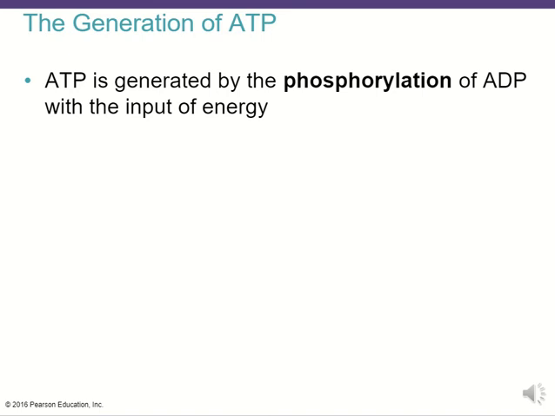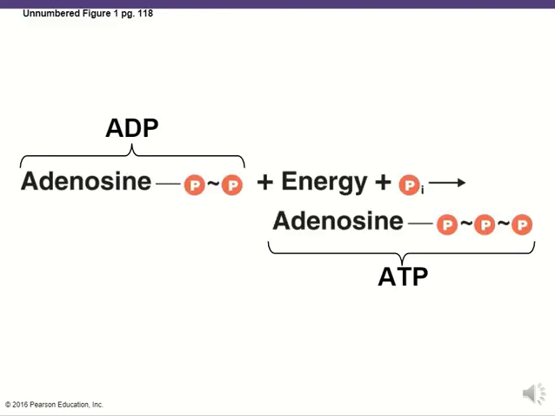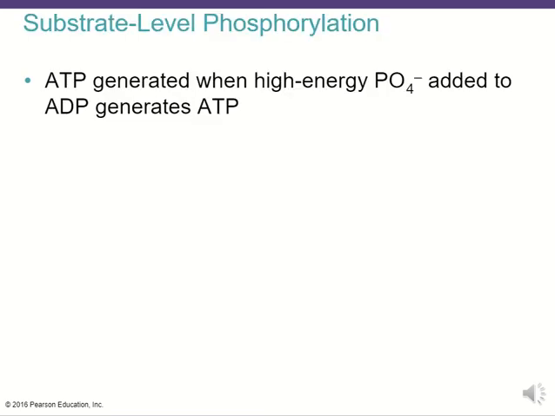Now, ATP is generated by a process called phosphorylation, which is essentially adenosine diphosphate having a phosphate group added onto it. And this requires inputting energy in order to form that bond between inorganic phosphate and ADP. So it consumes energy when you're going from ADP to ATP.